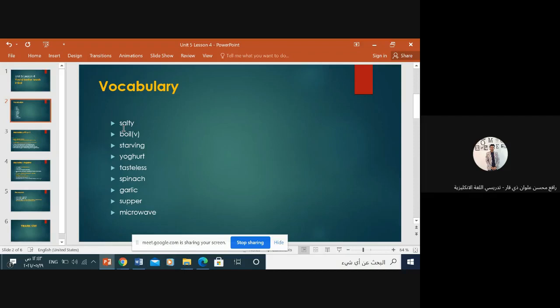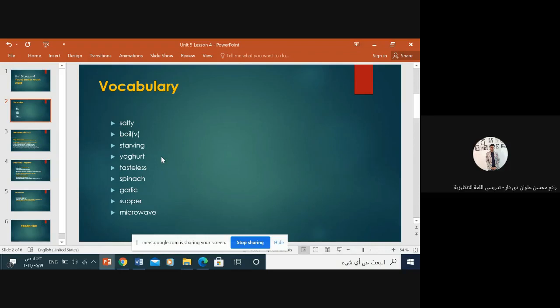The spelling of these vocabularies is very important. Salty, boil as a verb, starving, yogurt, tasteless, spinach, garlic, pepper, microwave.